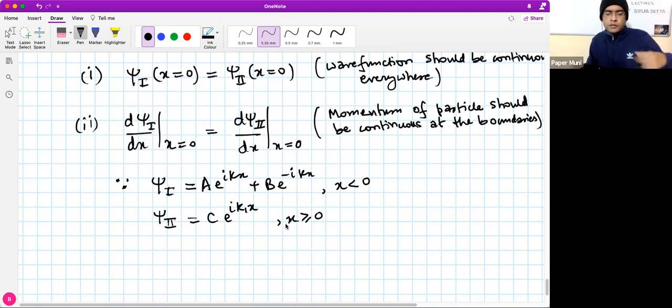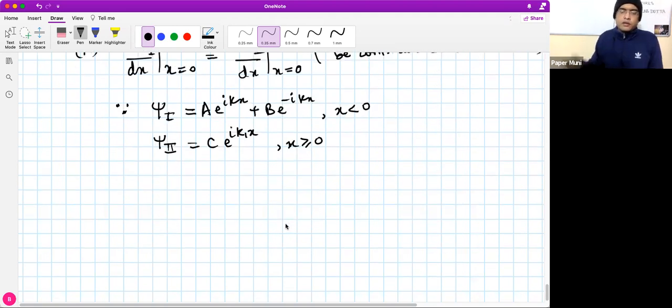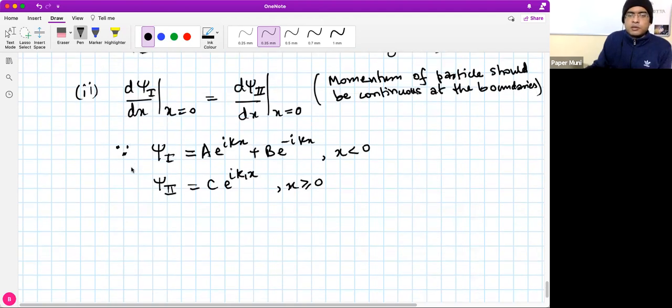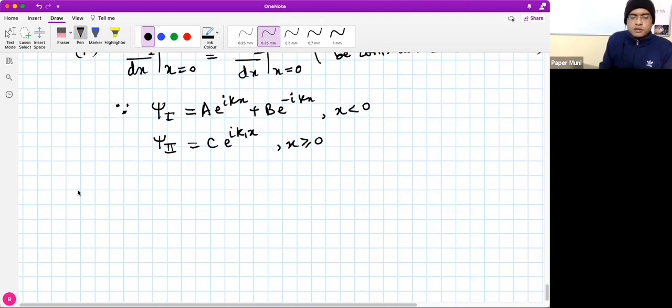All right, now we solve this using these boundary conditions and imposing them on these wave functions. Using the first boundary condition, psi 1 at x equal to 0 is equal to psi 2 at x equal to 0.